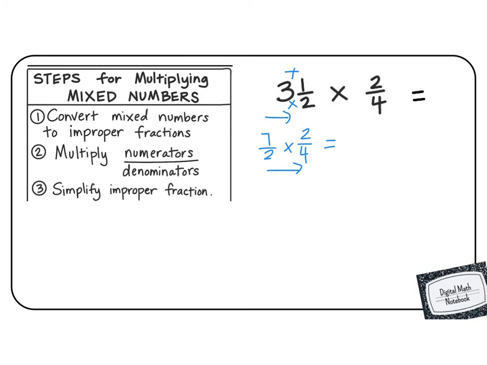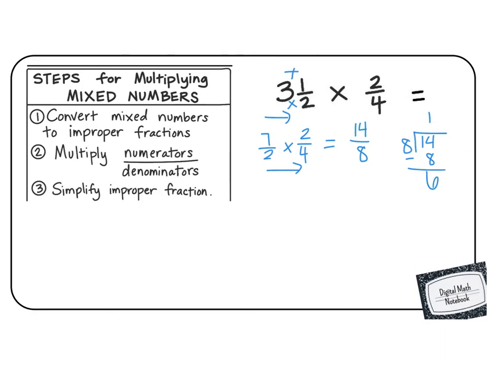It says multiply. 7 times 2 is 14, and 2 times 4 is 8. And then we need to simplify because 14 is bigger than 8. So what you're doing in your head is how many times does 8 go into 14? It only goes in one time, which uses up 8. And we are left over with 6. So that means that it goes in 1 whole and 6/8.